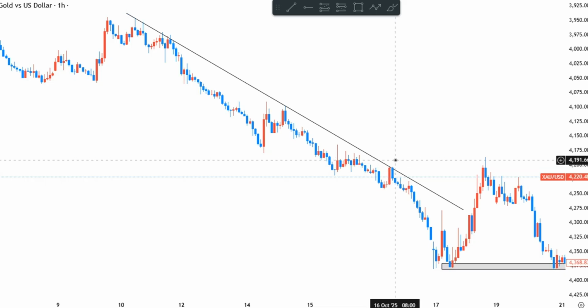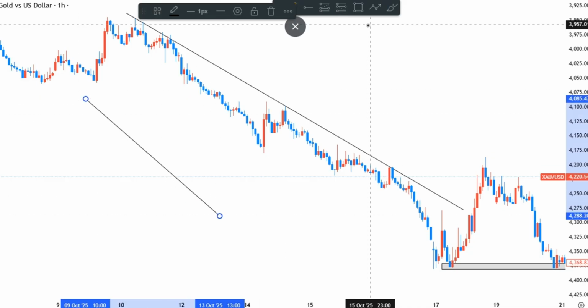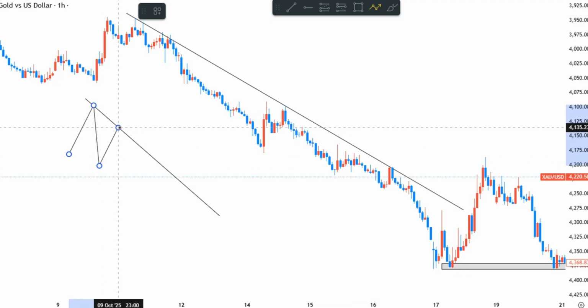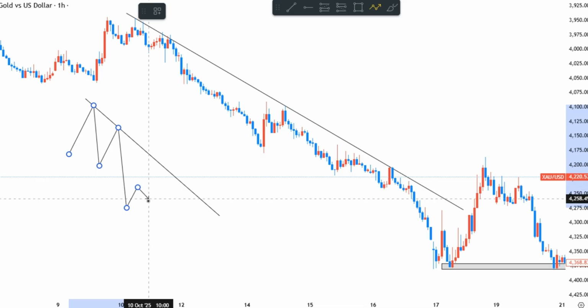You understand? Now, the most common strategy is price is trending, then price pulls back to the trend line, which is this pullback. This is what I'm trying to explain, right? This is the first touch, the second touch, then we'll be waiting for price to give us our third touch.